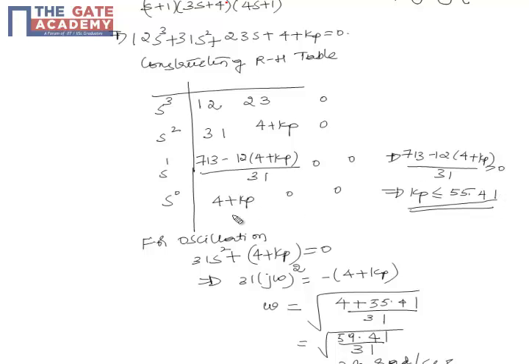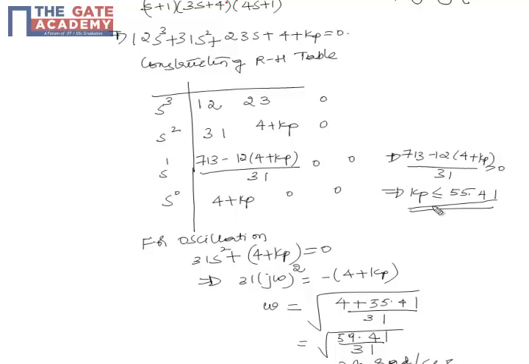From this the gain should be greater than 0, and it should be less than 55.41. So the maximum allowed gain for this given system is 55.41, which we have calculated as the first step.